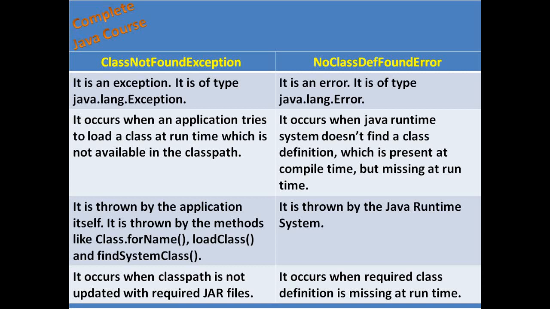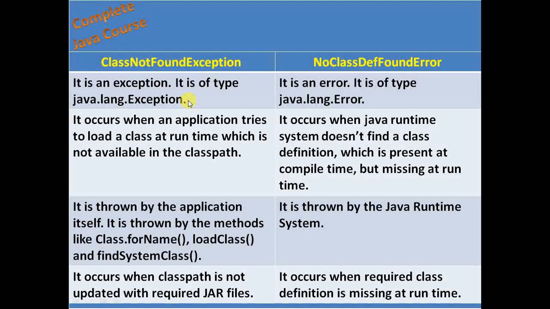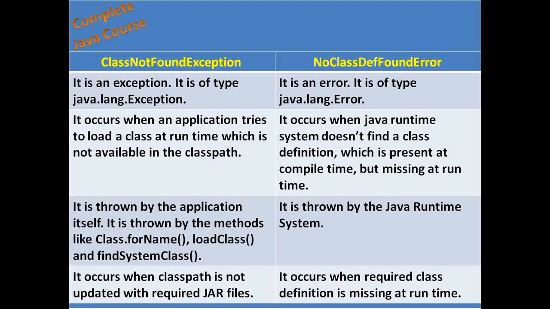Now we understand what is the difference between ClassNotFoundException and NoClassDefFoundError. ClassNotFound, it is an exception. It is of type java.lang.Exception. So ClassNotFoundException is an exception and its type is java.lang.Exception.